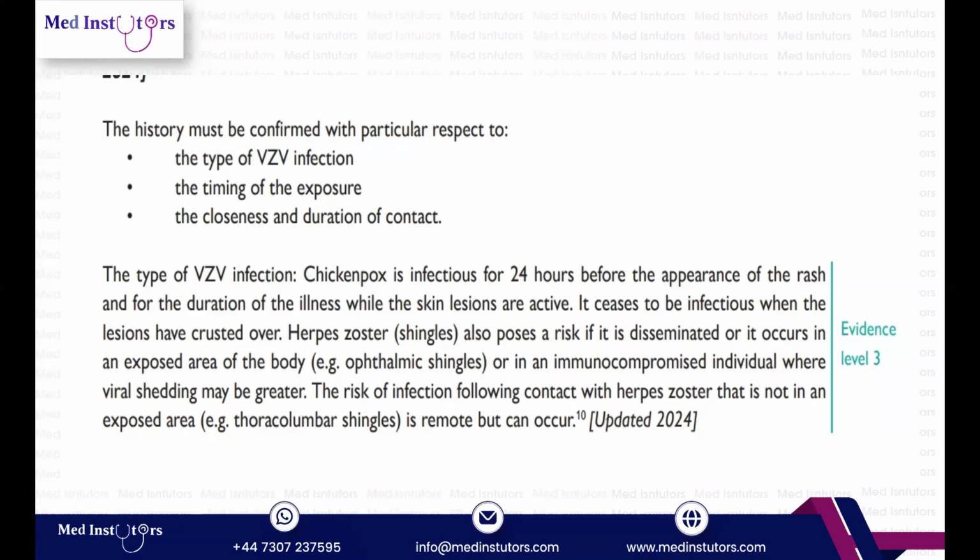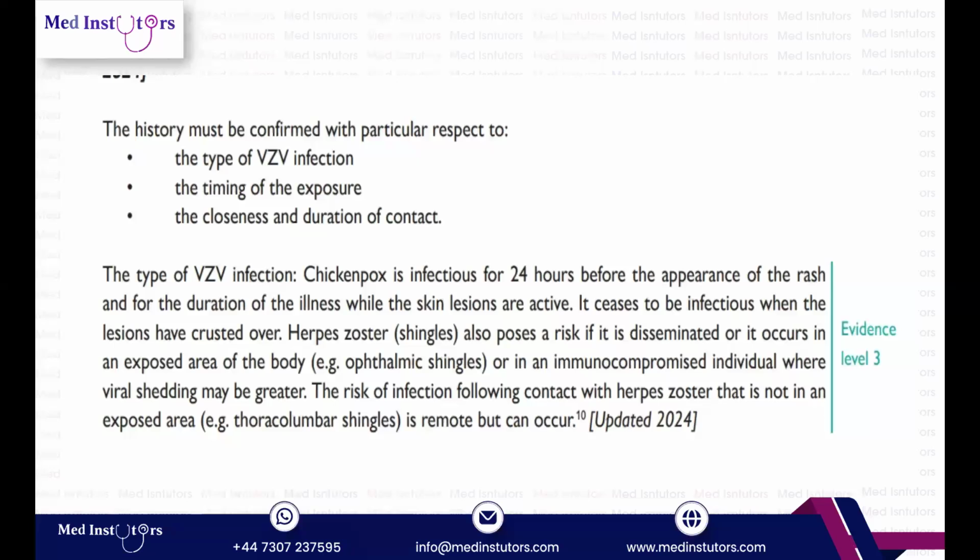Okay, so in the previous slide, we studied that if anyone acquires chickenpox, then he or she is infectious for at least 24 hours before appearance of the rashes, till the lesions are active or until 5 days, right?